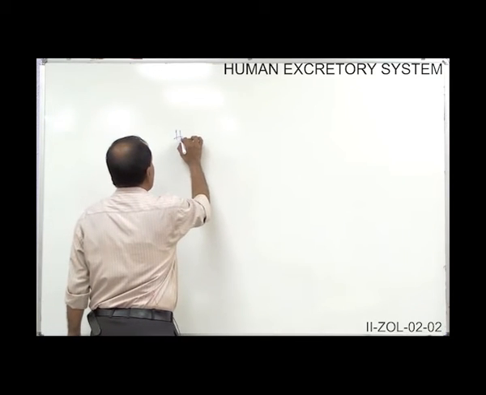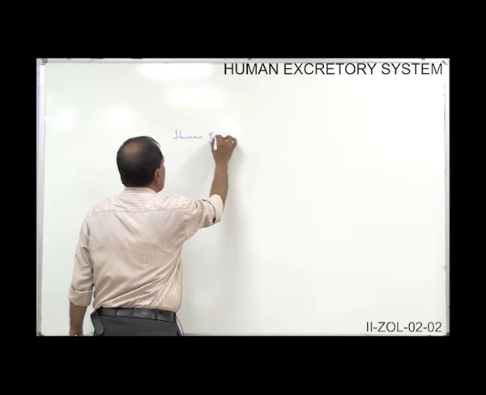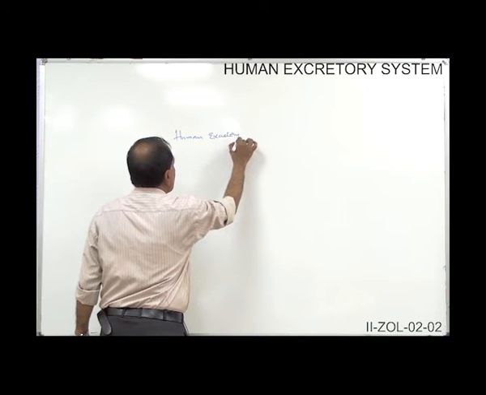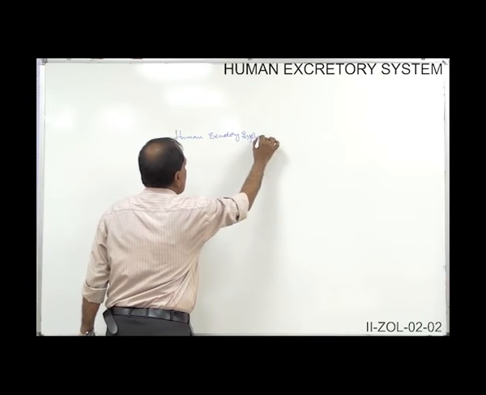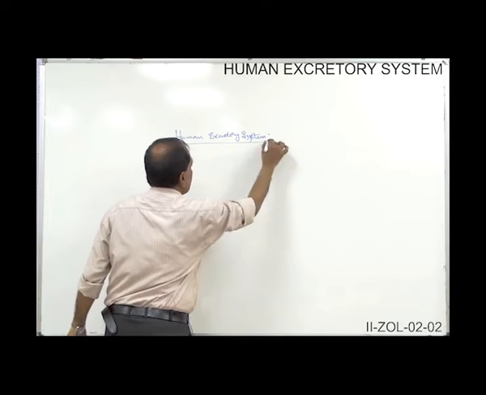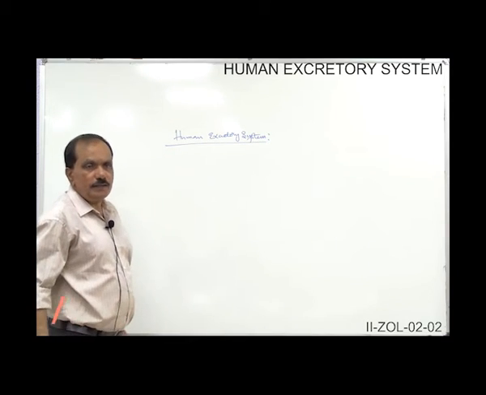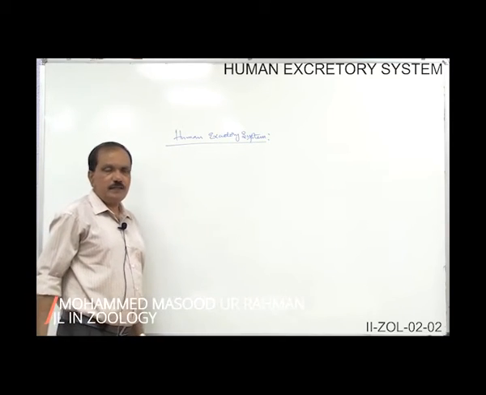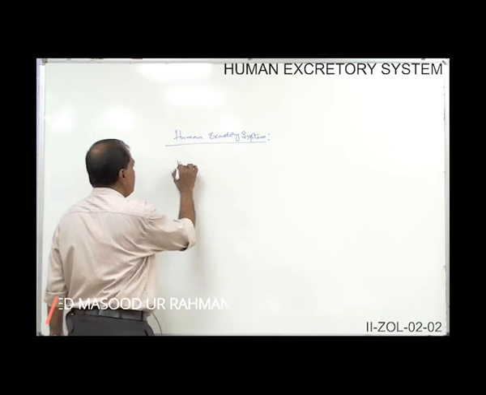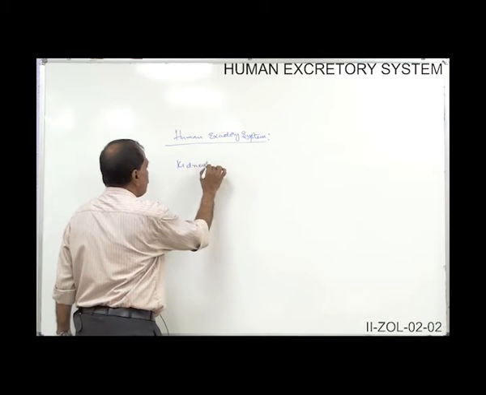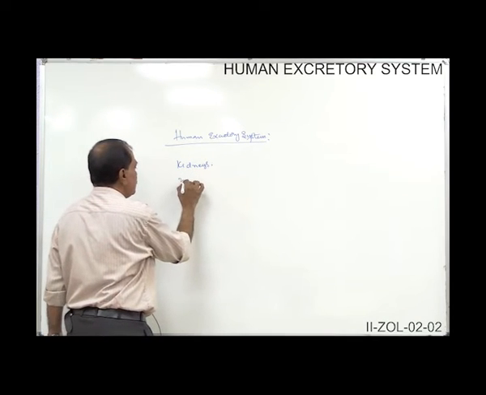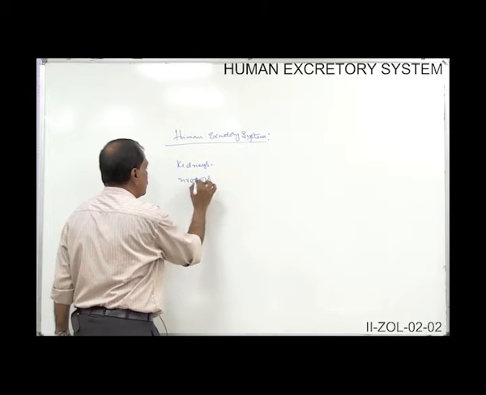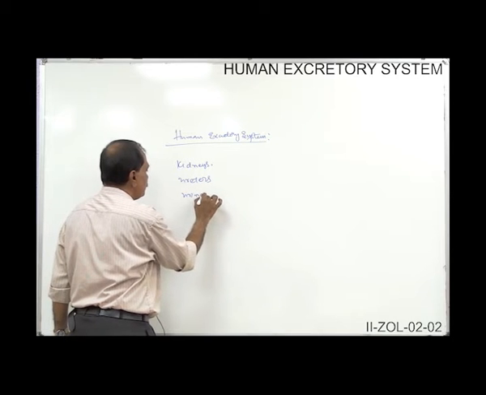Children, we will start the human excretory system now. In the human excretory system, the main important organs are the kidneys, ureters, urinary bladder.